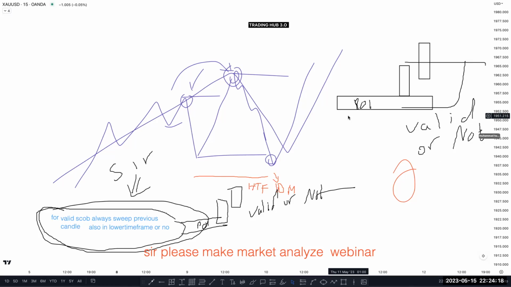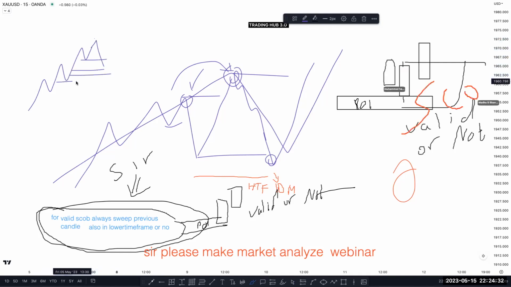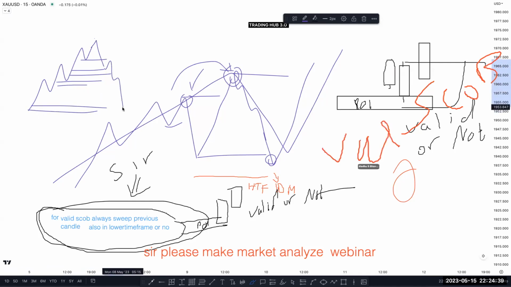Sir, you have to focus on decisional and extreme PY, right? For example, you have a first one which is decisional, and this one is another order block here, and a third one here. So you have to play on the first one and the third one, and the middle of the move is SMT.